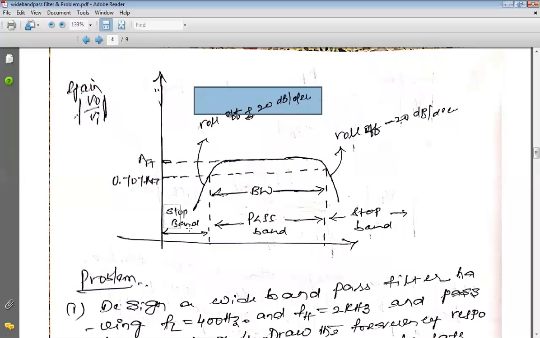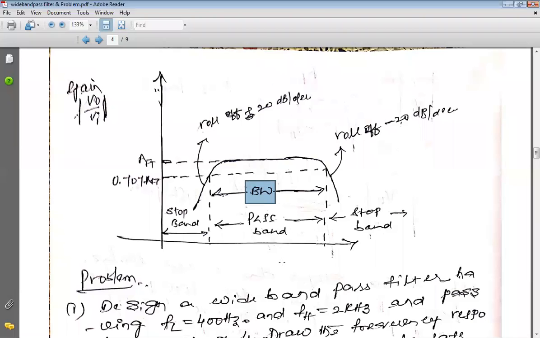At the start it should not pass any frequency signals from 0 to FL, and similarly from FL to FH, the wideband pass filter should pass all the frequency signals from the input side to the output side, that is called the bandwidth.